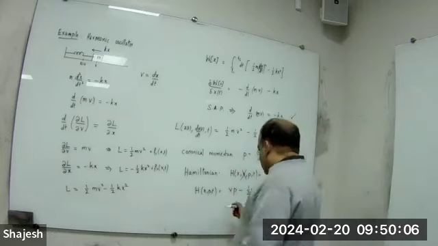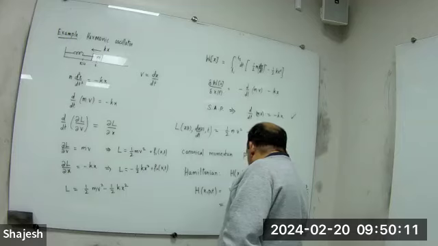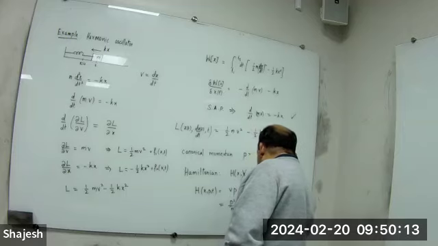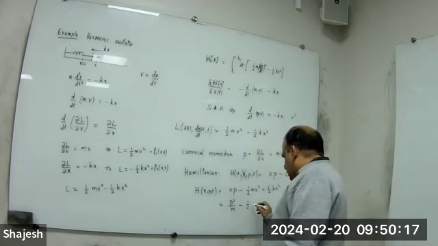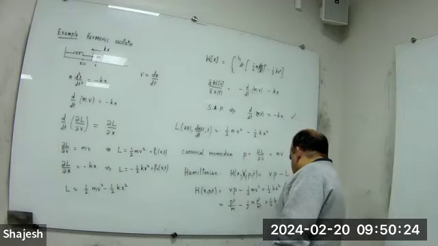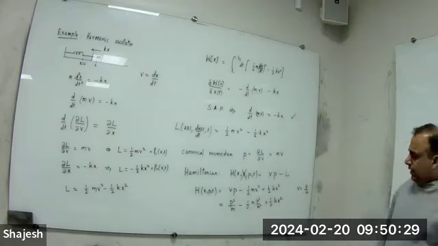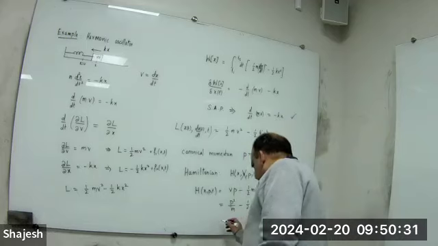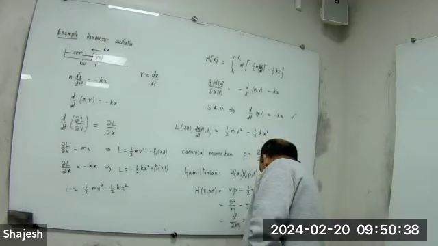So this will be equal to P squared over m minus one half m times P squared over m squared plus half k x squared. And this is P squared over two m plus half k x squared.